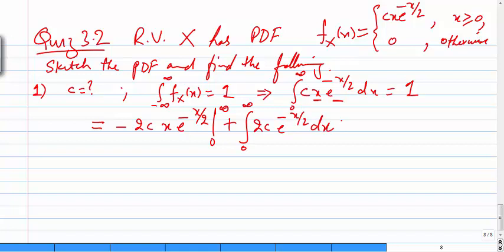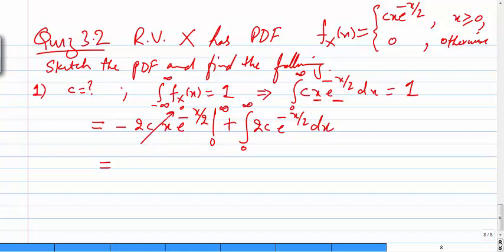When we solve this, when we plug in infinity, this is 0. When we plug in 0, this is also 0, so this part becomes 0.